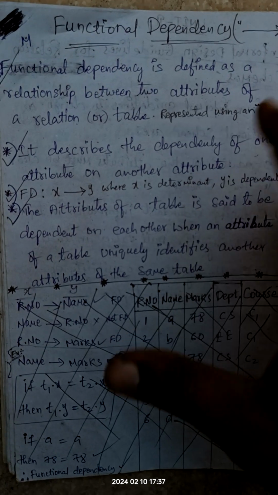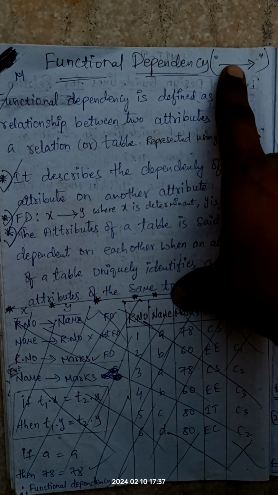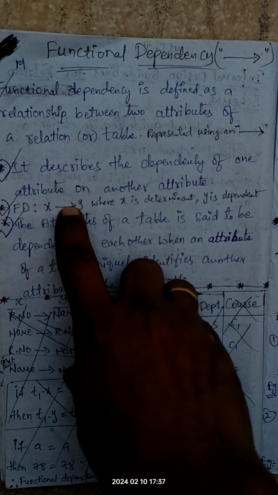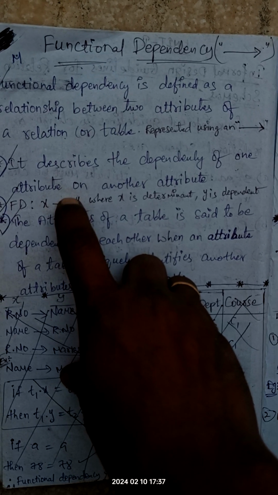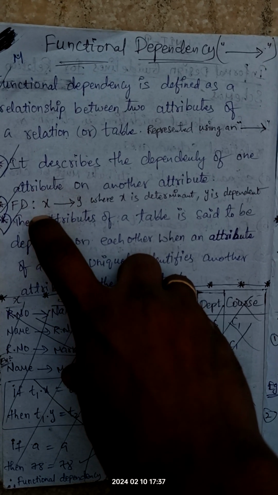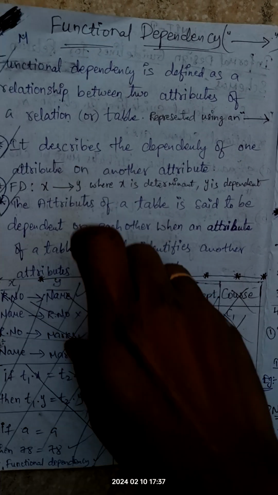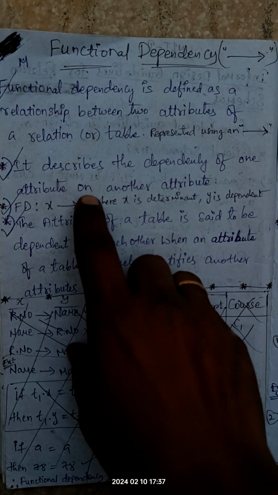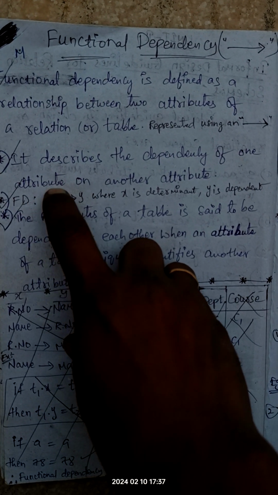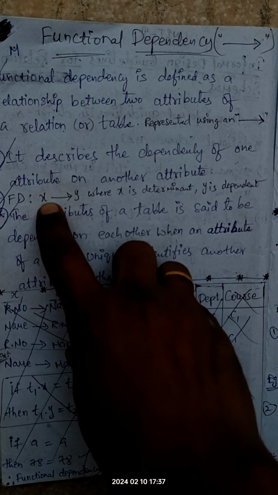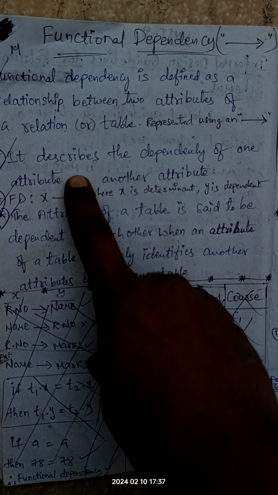We are not saying this as functionally dependent, but it is the functional dependency concept we are mentioning here. Functional dependency is denoted by an arrow mark. The left side part we consider as the determinant, and the right side part we consider as the dependent.